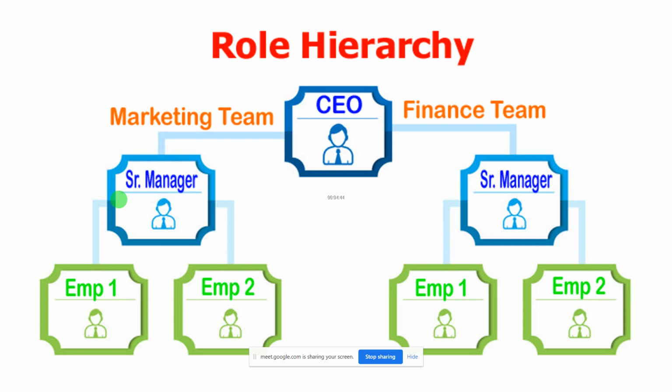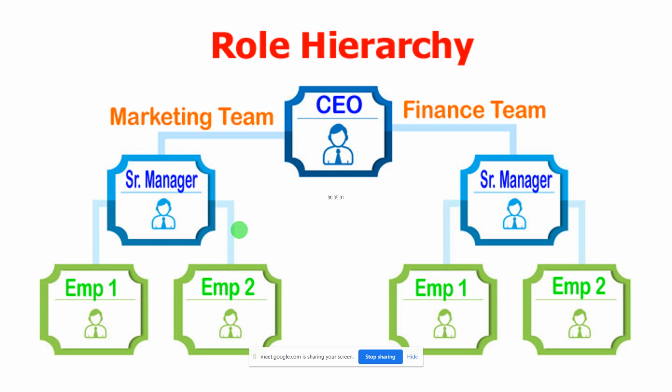Then you can go to the CEO. If the manager is not available, then the CEO will approve. This is the way we can make approval process in real-time scenarios.